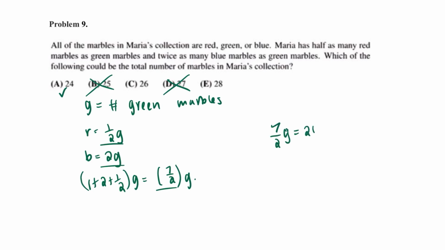So if Maria has 24 total marbles, then we get the equation 7/2 G equals 24. So G equals 48/7, which is not possible. Therefore, A is not possible.